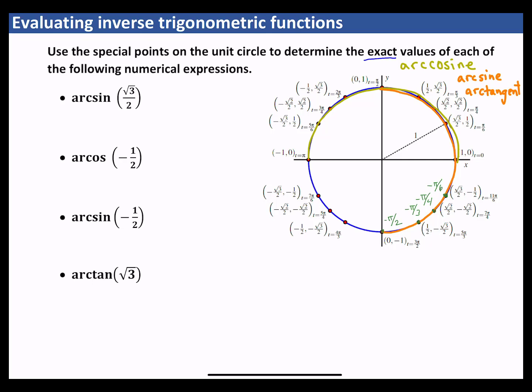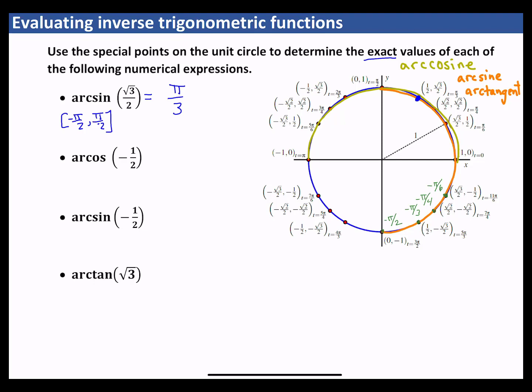The first one we want to find is the arc sine of the square root of 3 over 2. We know the output of the arc sine is an angle, and that angle has to be between negative pi over 2 and pi over 2. And we see that the angle whose sine is square root 3 over 2 is pi over 3.